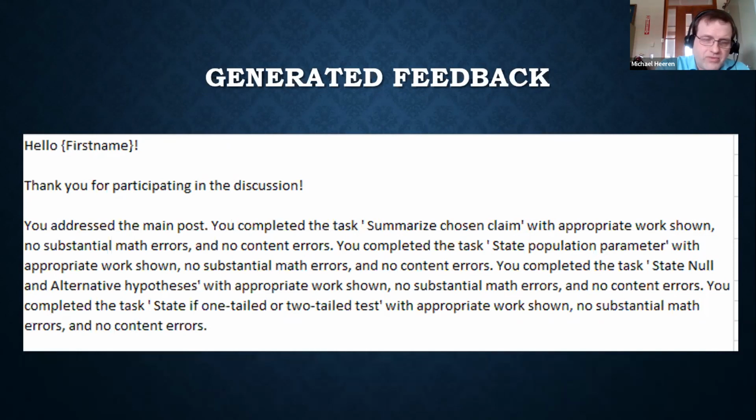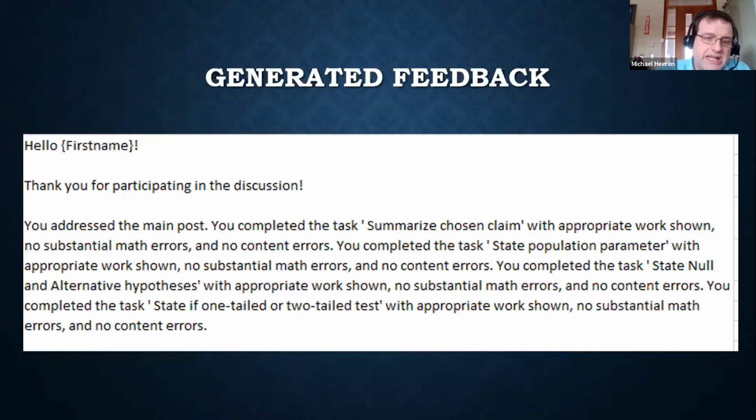And then it just goes down and through and says, yes, you addressed the main post. And then it says, you completed this task, and identifies the task with the appropriate work shown, etc. And the reason it says that is because those are the particular criteria that are set up in the rubric that I have to use when I'm grading the discussion posts. Do they have the appropriate work shown? So I'm asking that for all of them.